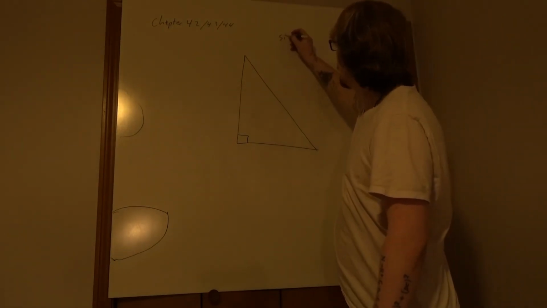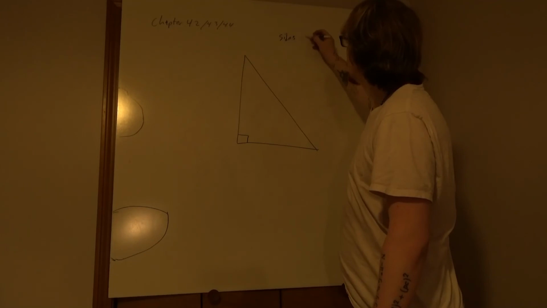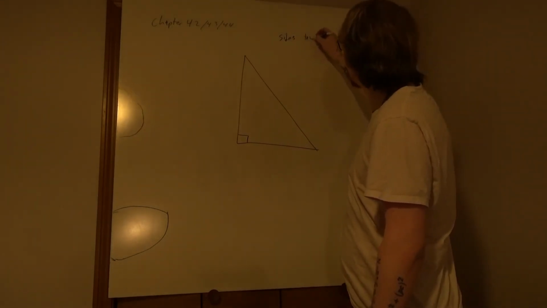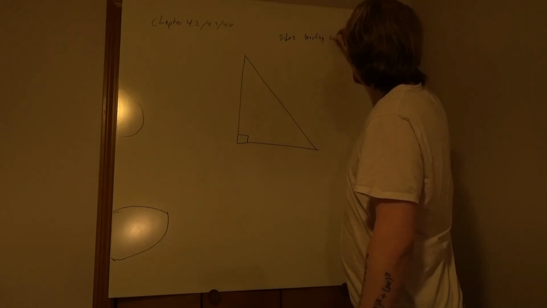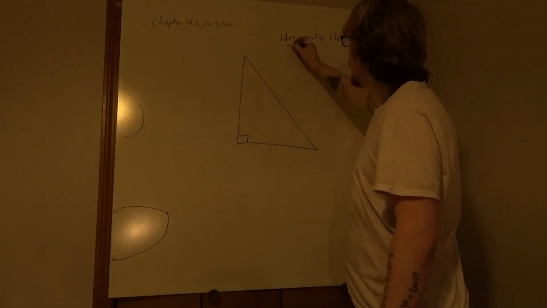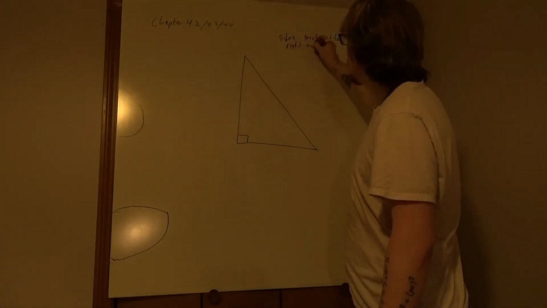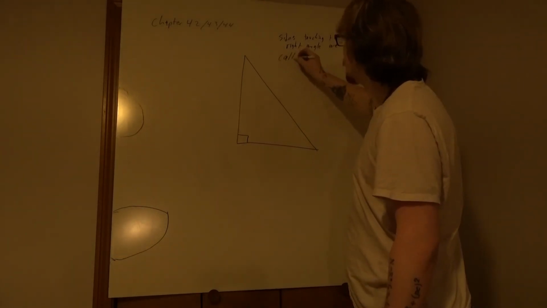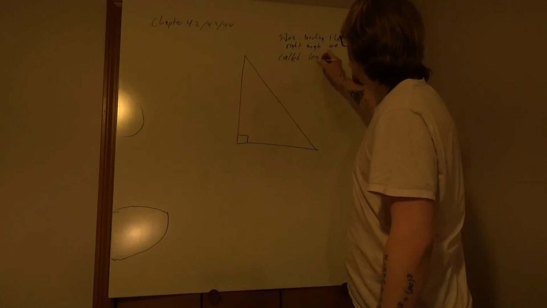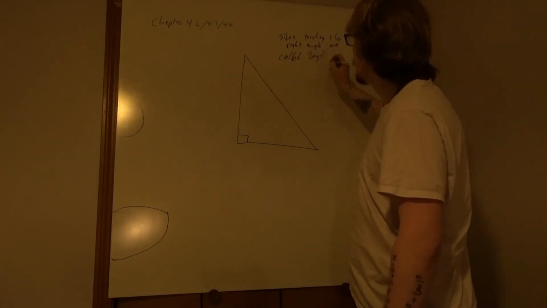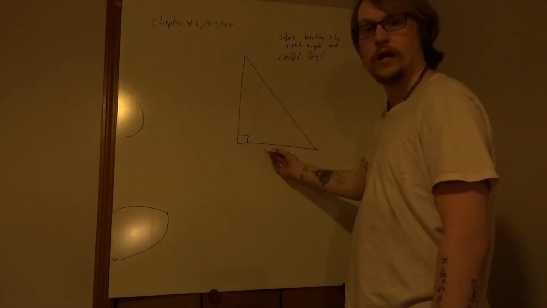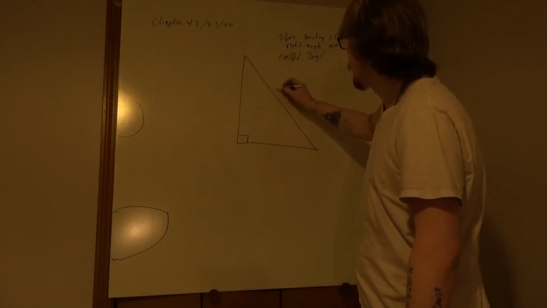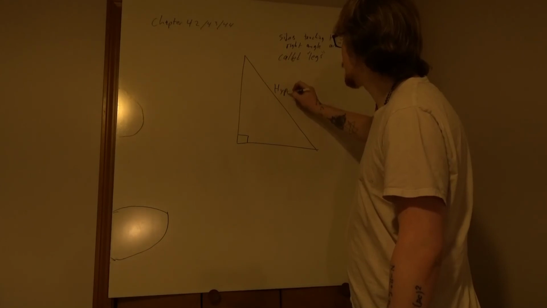So the sides touching the right angle are called legs of the triangle. This would be one leg and this would be the other leg. And the remaining one is the hypotenuse.